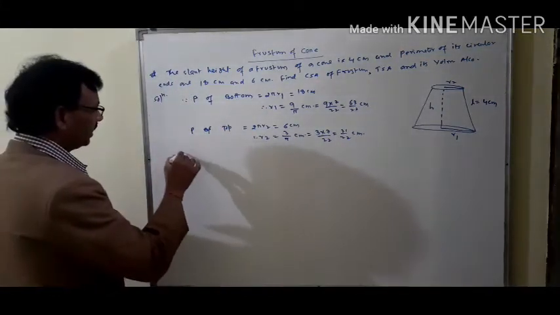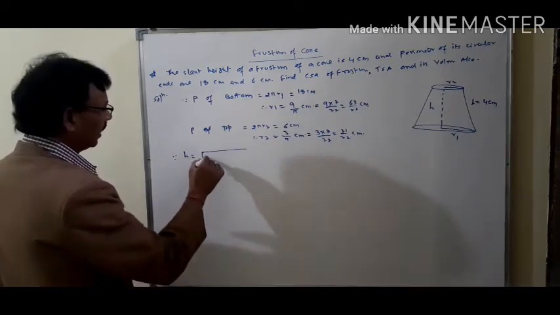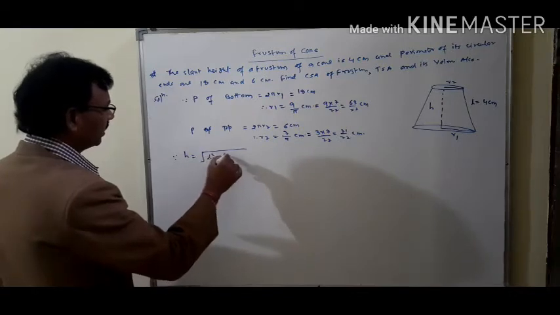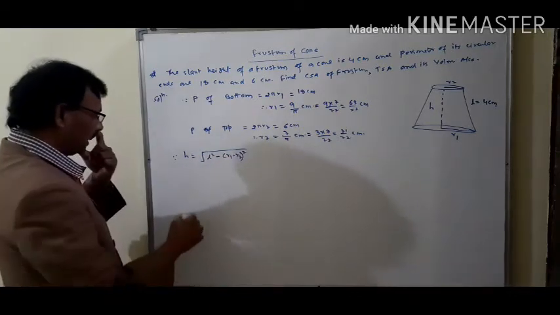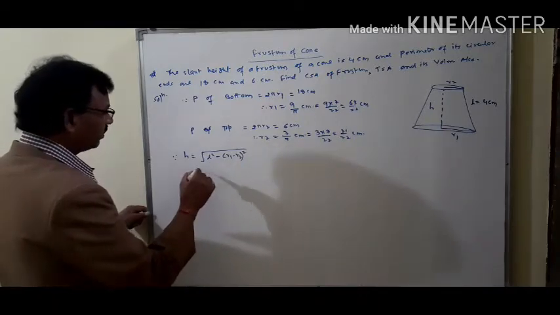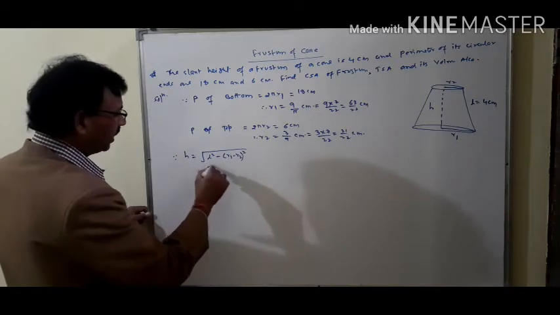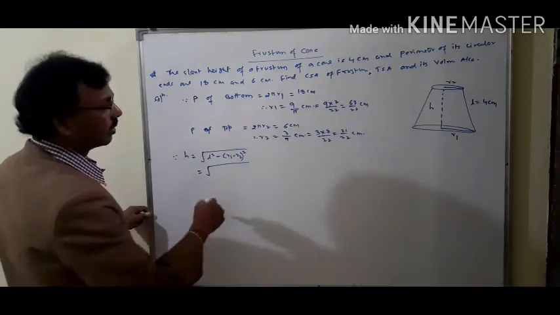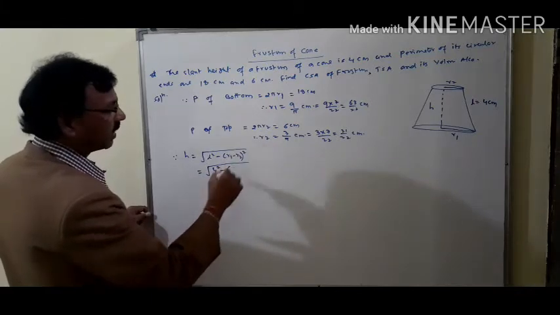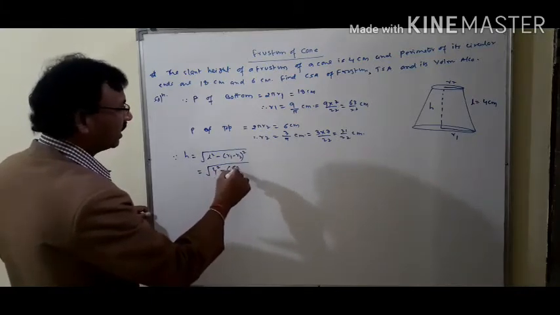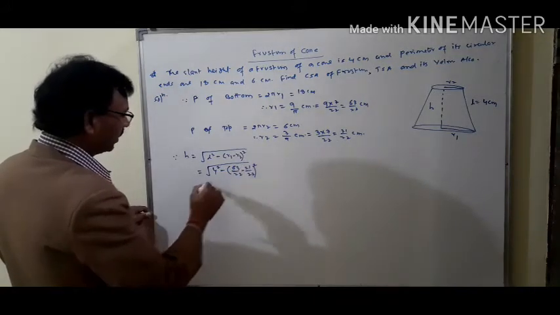Since H equals root under L square minus (R1 minus R2) whole square. This will be equal to root under 4 square minus (63 upon 22 minus 21 upon 22) whole square.